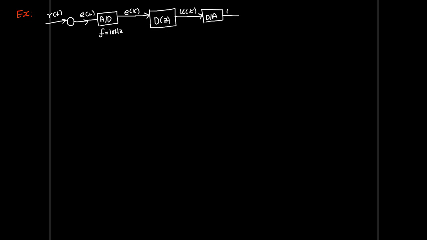So this will be the U dash of t. And here we have a plant, the process, GP of S, and the output is Y of t. And let's assume this is a unity feedback control system.